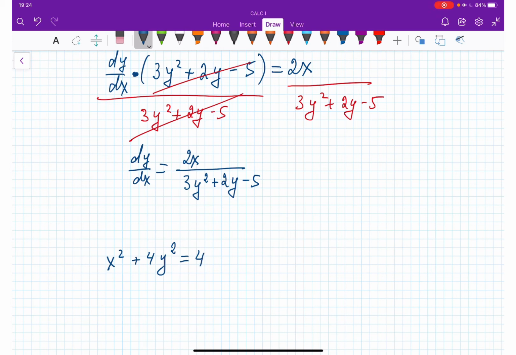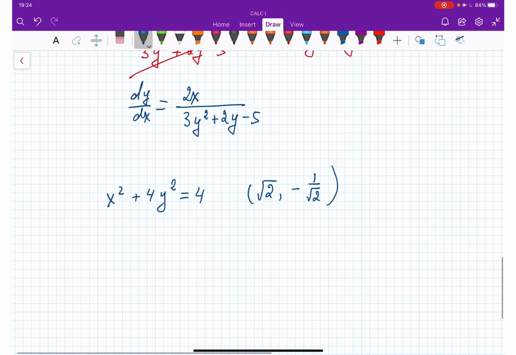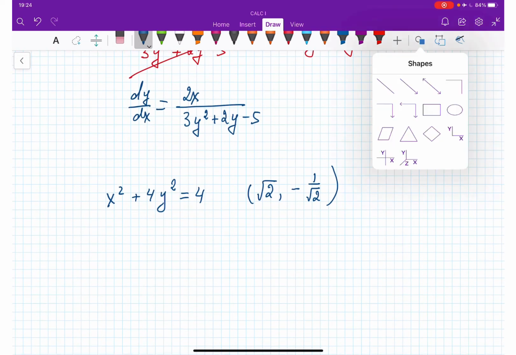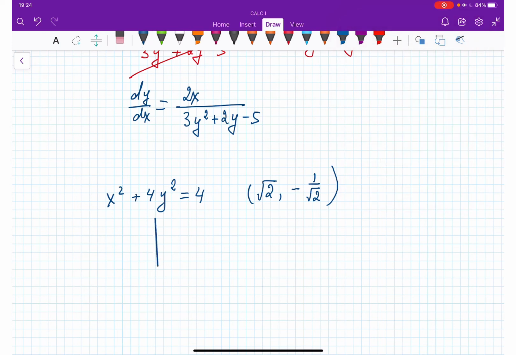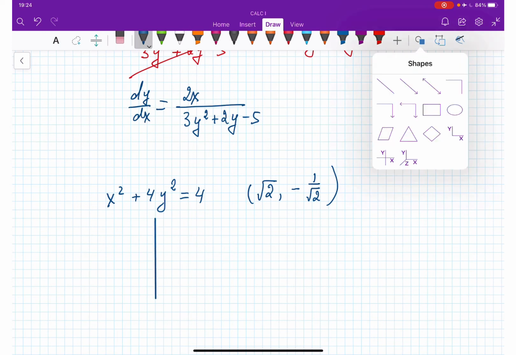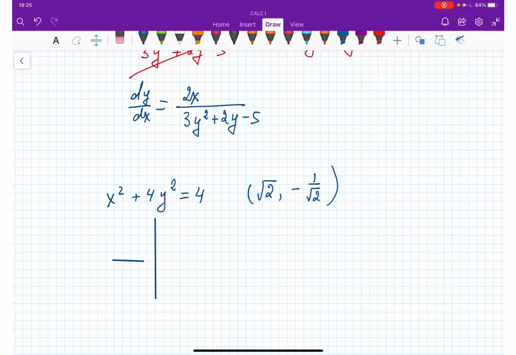So we need to determine the slope of the tangent line to the graph of x squared plus 4y squared equals 4 at the point square root 2 and negative 1 over square root 2. Okay, the graph of this function is, let me draw.